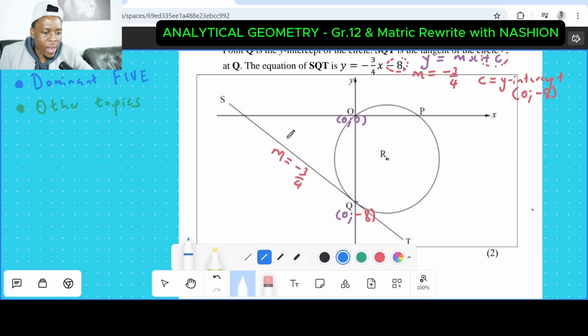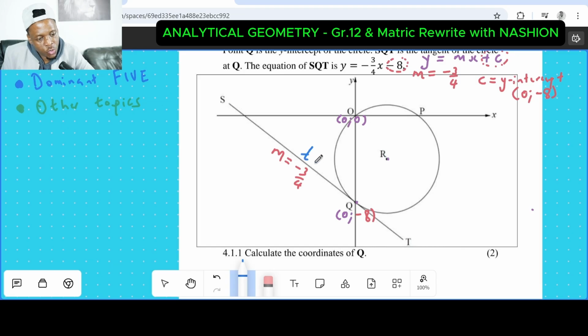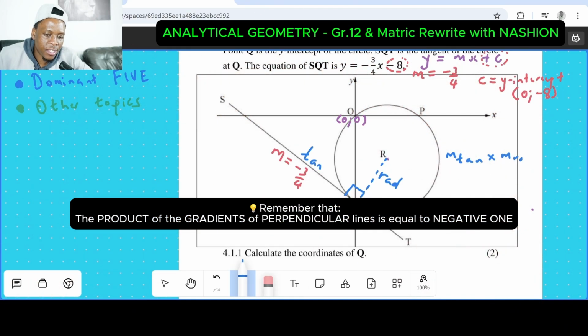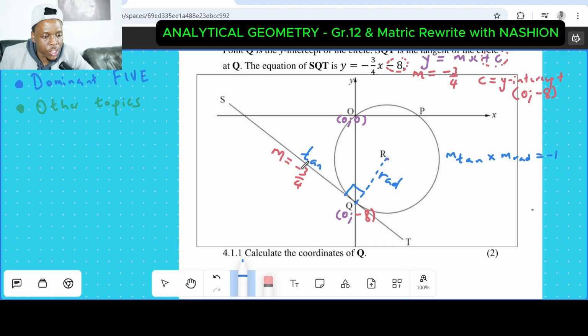And the reason why that's important is because, guys, you remember that there's a relationship between a tangent and a radius. So we have a radius here. Let's construct it. We know that the tangent is perpendicular to the radius. What that means is that the gradient of a tangent times the gradient of the radius is negative 1. We already know the gradient of the tangent is negative 3 over 4.